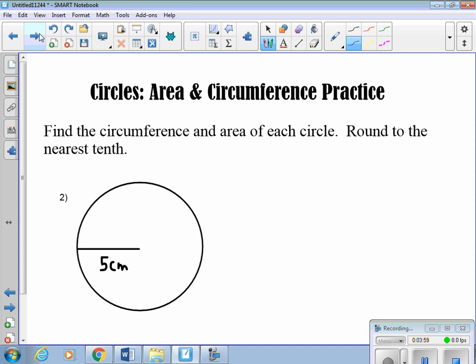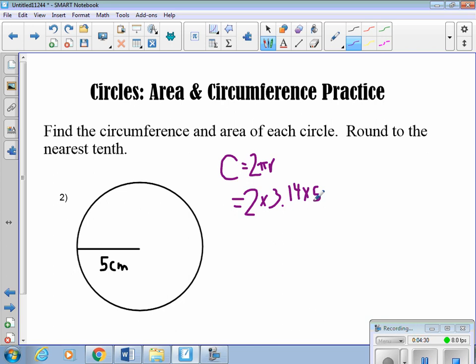Let's move on to number 2. Number 2, we've also been given a radius for this one. We're going to use the same formulas as we did for the first one. So the circumference is going to be 2 pi r, which is going to be 2 times 3.14 times 5.